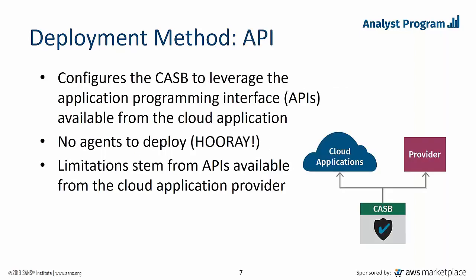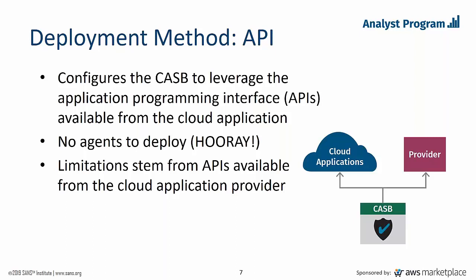The first deployment type that we have is the API method. This is keeping your CASB up in the cloud, so to speak. Using this method is very easy to adopt because it integrates with our cloud applications and our infrastructure as a service via the API. Now, the limitation to this could be what APIs our vendors extend to us.